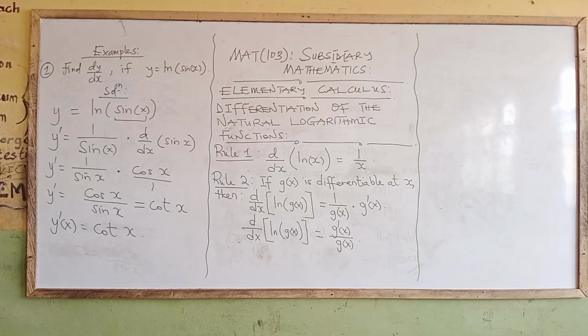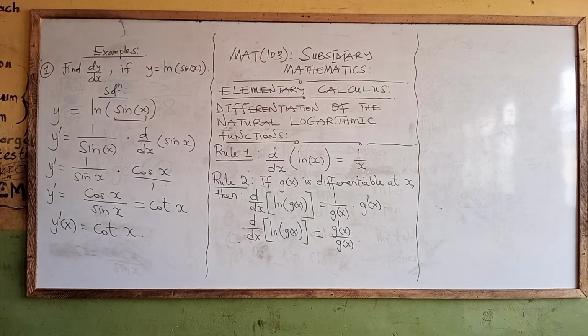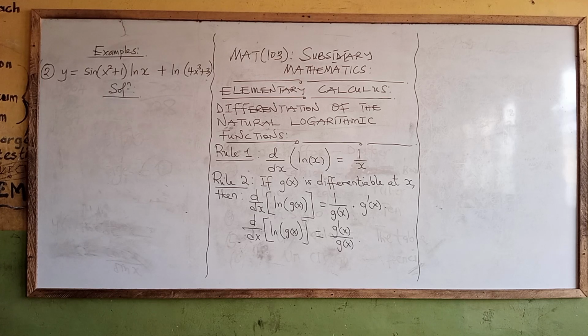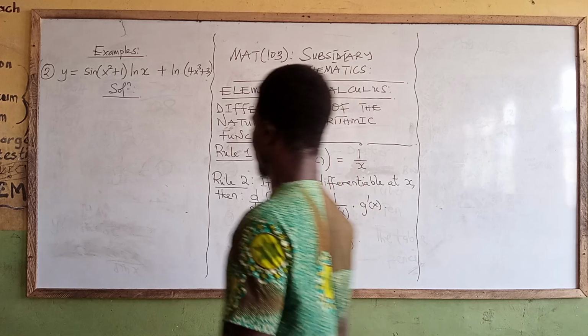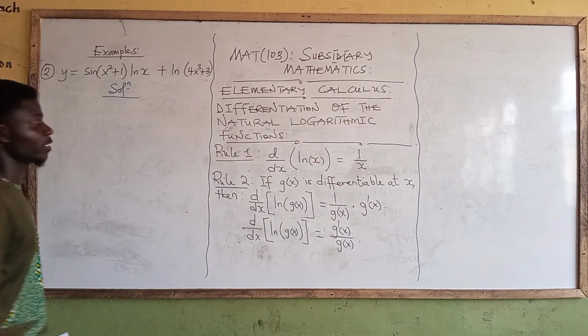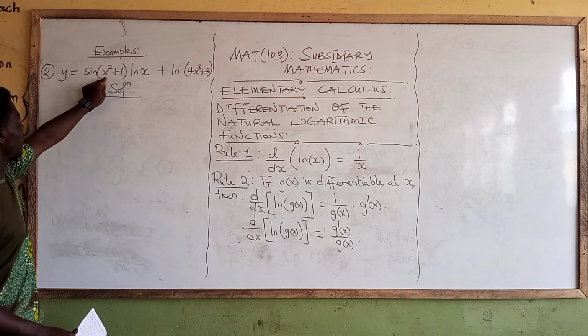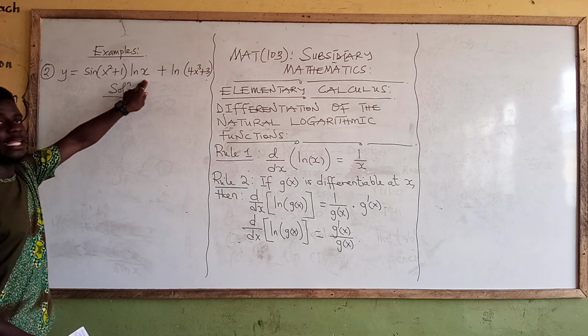Let's move on to our next example. Example 2. Let's see: y equals sine of x squared plus 1, times ln x, plus ln of 4x cubed plus 3. How best can we differentiate these? We have sine of x squared plus 1 multiplying the ln x.